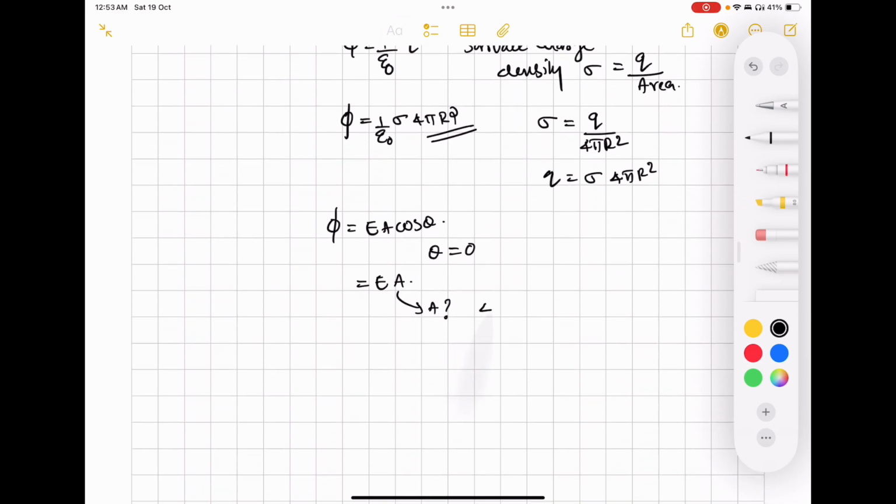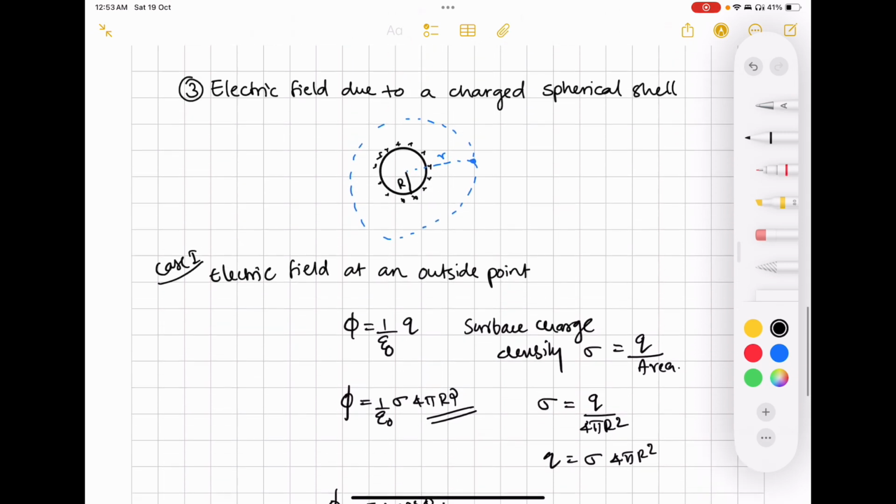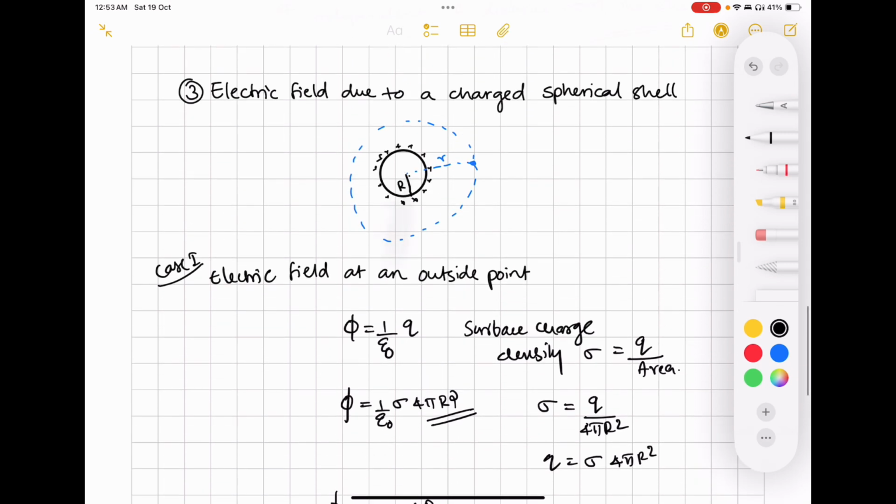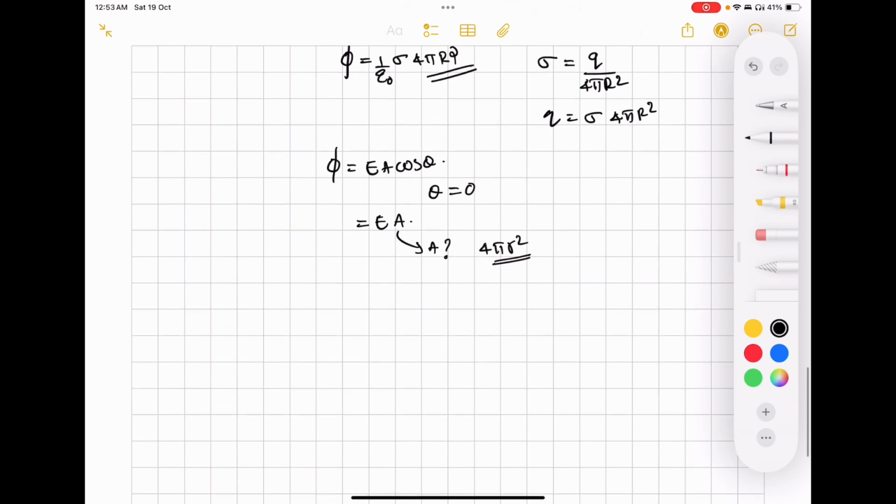So here the area is equal to 4 pi small r square, since the radius of the Gaussian surface is small r. So phi is equal to E into 4 pi r square.